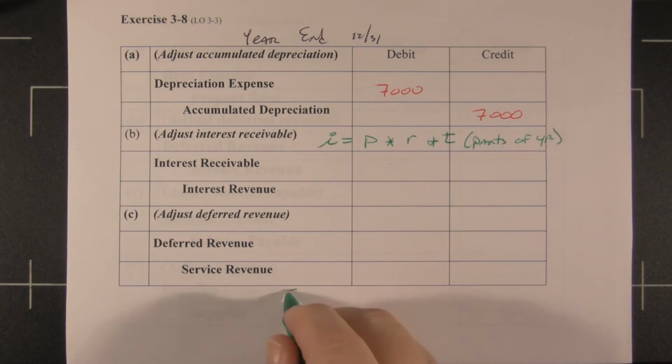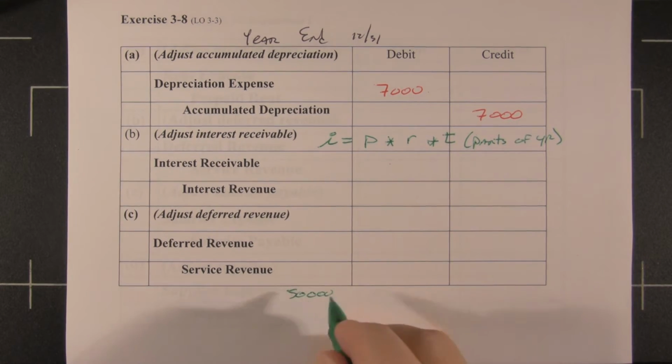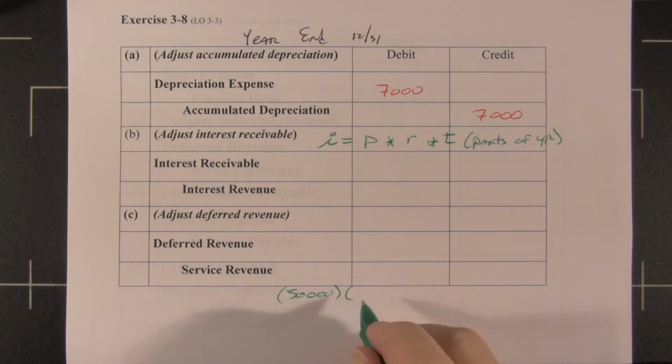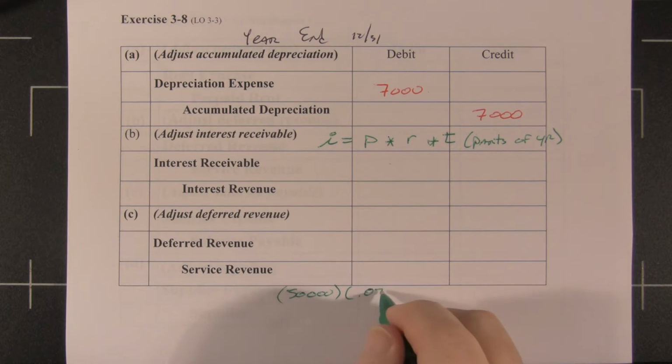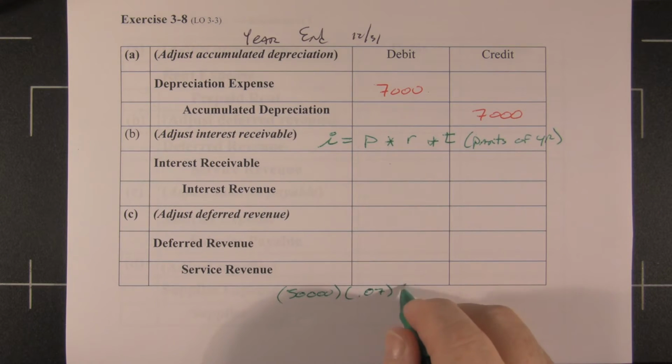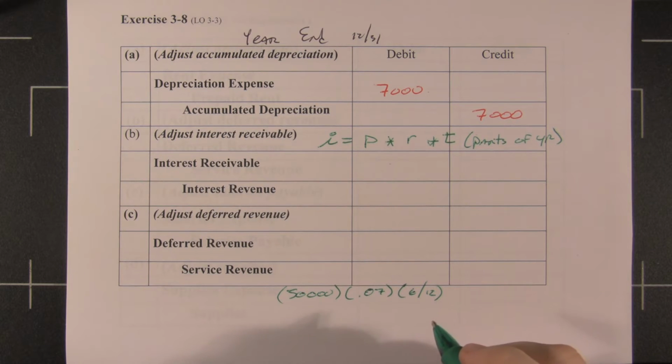So it's $50,000 times 7%, 0.07, times 1/2, 6/12, because it was June 30th.